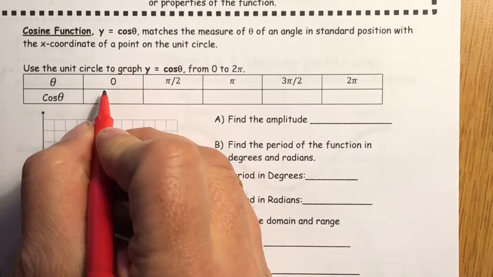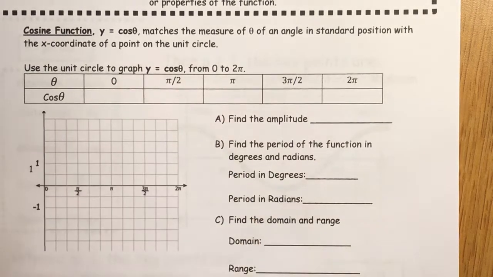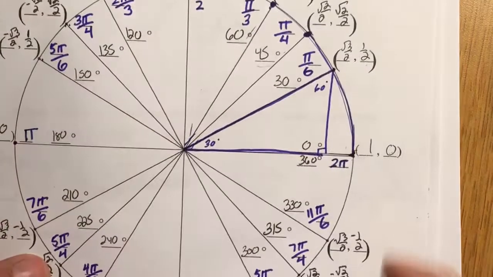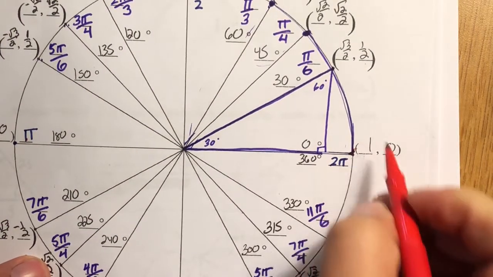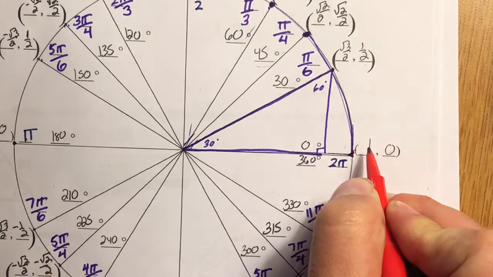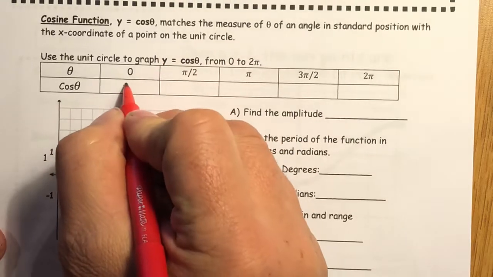As I move around the unit circle, 0, 1 is the first one. If I don't go anywhere, if I go 0, the x coordinate is 1. So that's why this is a 1.